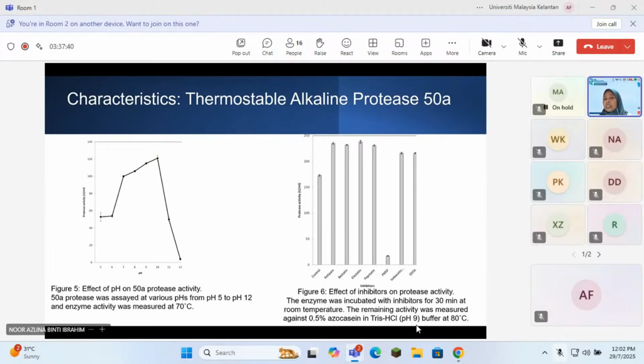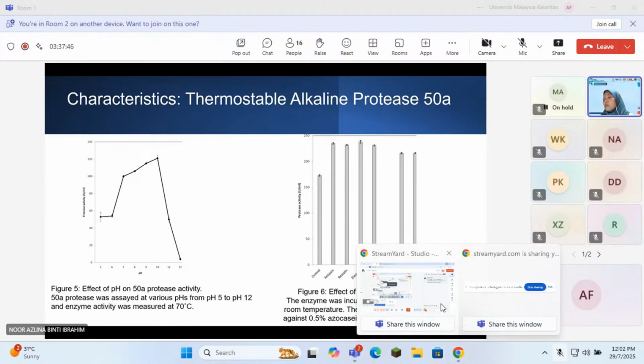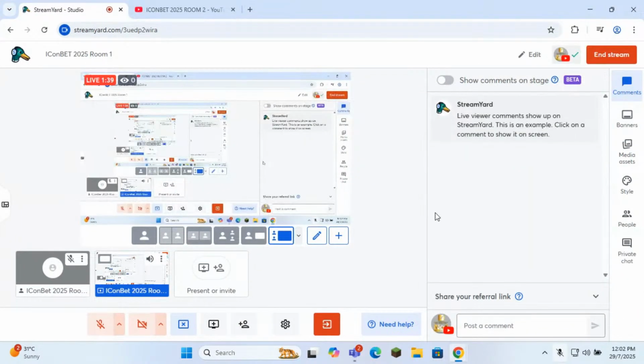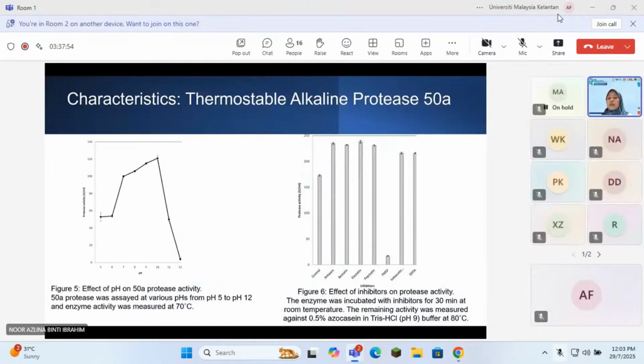If EDTA inhibits the protease, that protease belongs to the metalloprotease. Similarly, if pepstatin inhibits the protease, this protease belongs to aspartic protease.